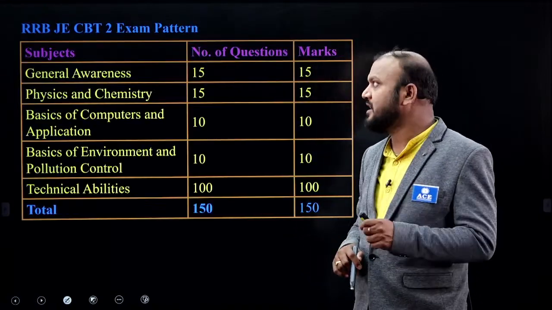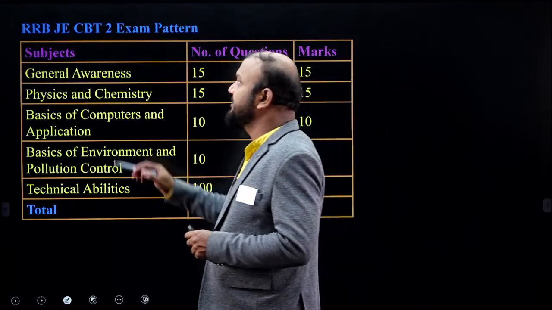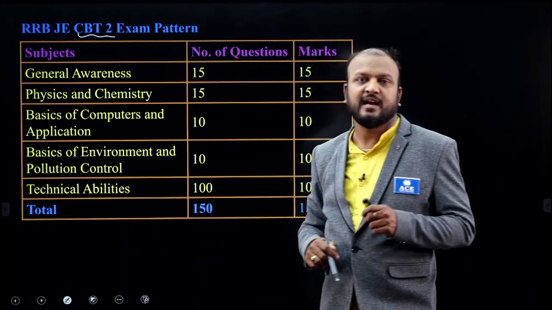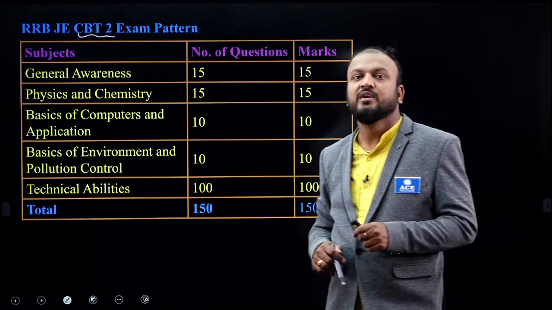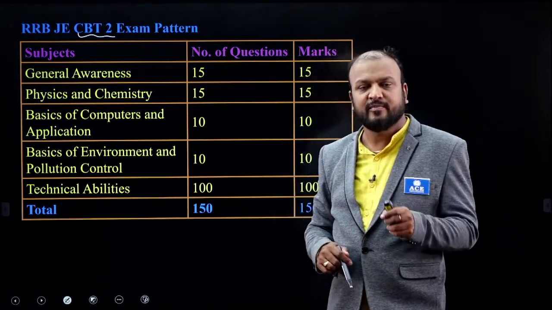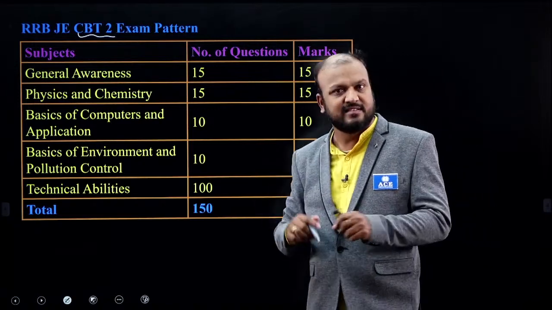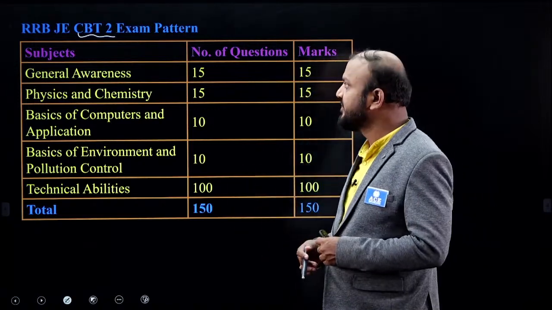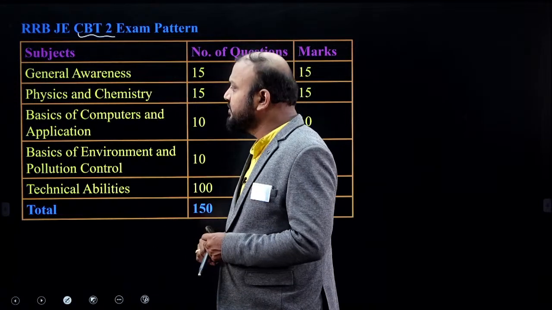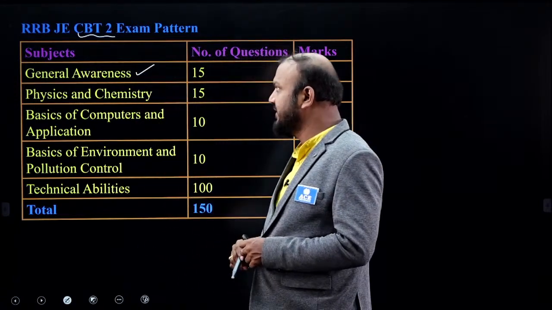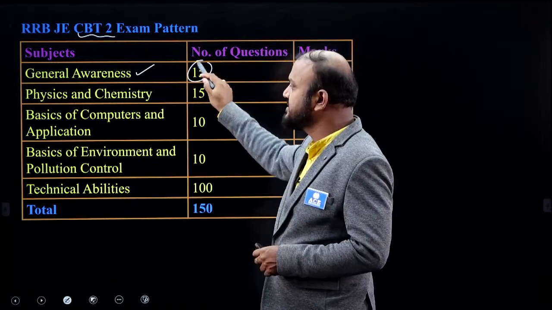And coming to the RRB JE CBT 2 exam, for your marks to be calculated for RRB JE CBT 2, you need to qualify for the RRB JE CBT 1 exam. What the cutoff marks are, we are going to discuss. And the CBT 2 exam will have topics on general awareness, 15 questions.